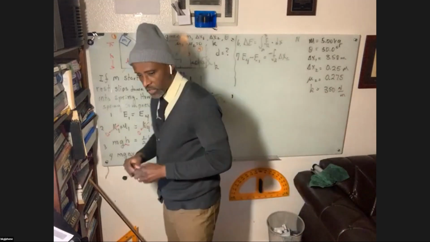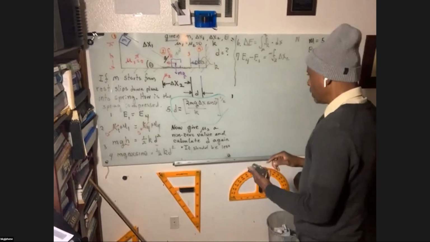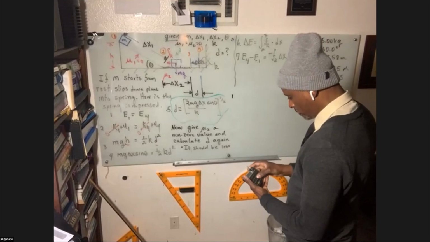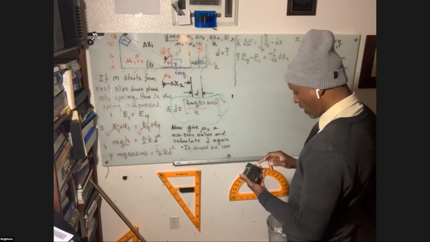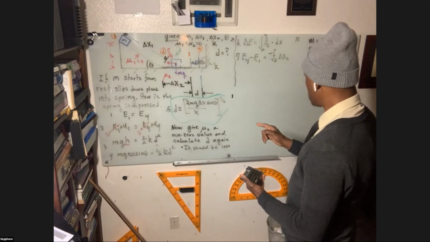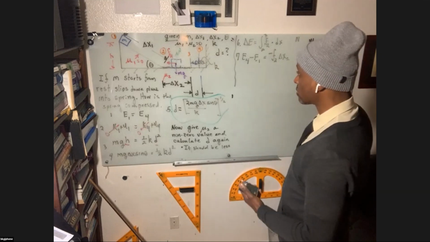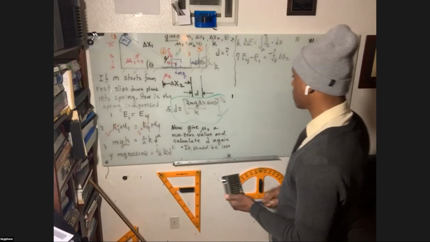So if we just put those numbers into our problem there, we can quickly calculate the value of the displacement. So we have 2 times 5 kilograms, and 9.81 delta x, so that's delta x1 actually.